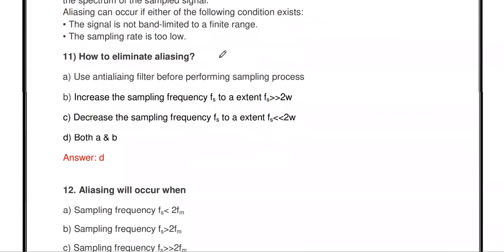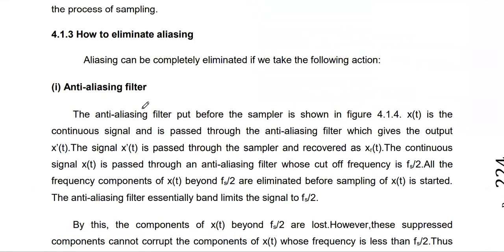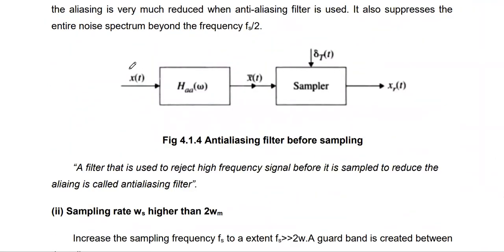The next one, how to eliminate aliasing. In order to reduce the aliasing process, one is the anti-aliasing filter. What is meant by an anti-aliasing filter? We have to pass the signal through it before performing the sampling process. You see x of t, the continuous time signal, and this is the sampled signal. The sampler performs the sampling process.